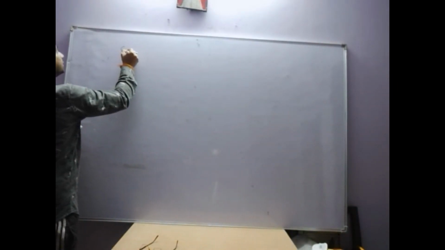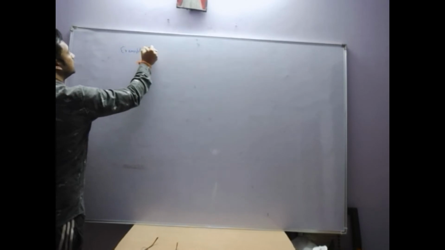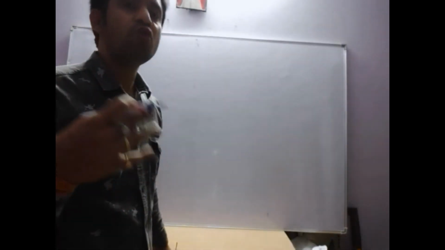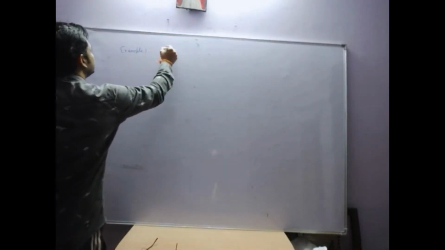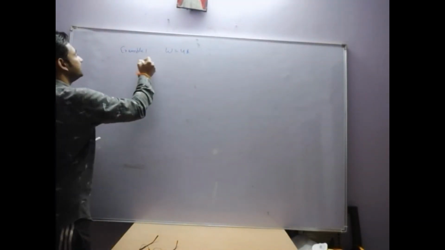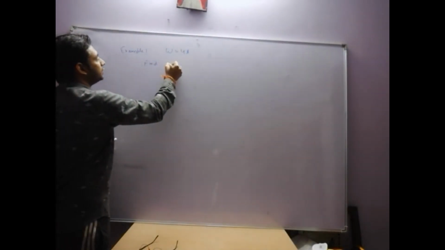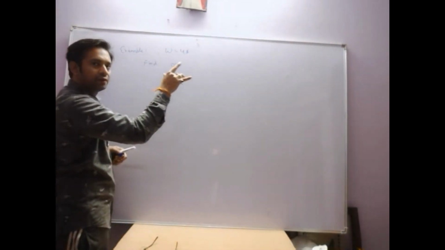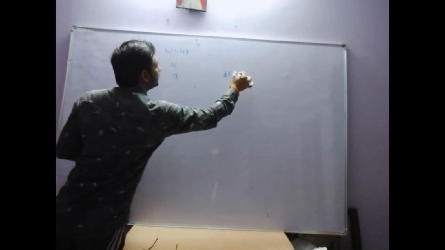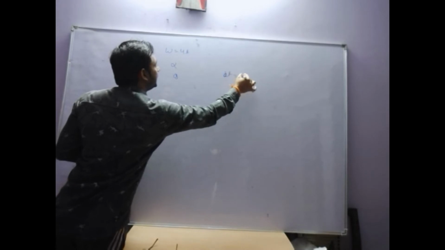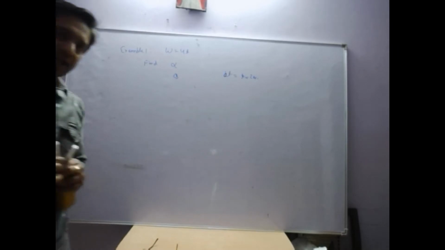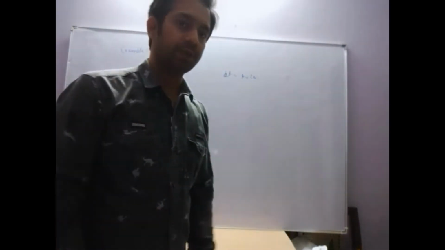Example first: if a body is rotating with angular velocity omega equal to 40, we have to find alpha and theta at t equal to 2 seconds. So how are we going to solve this question?